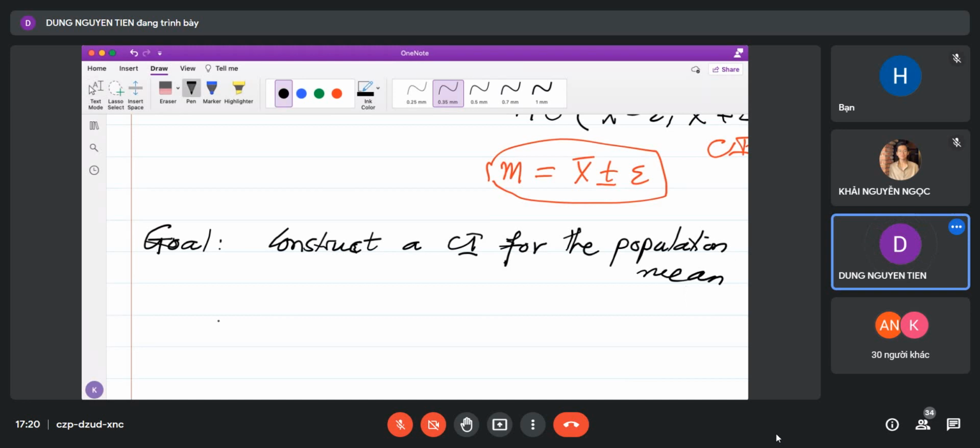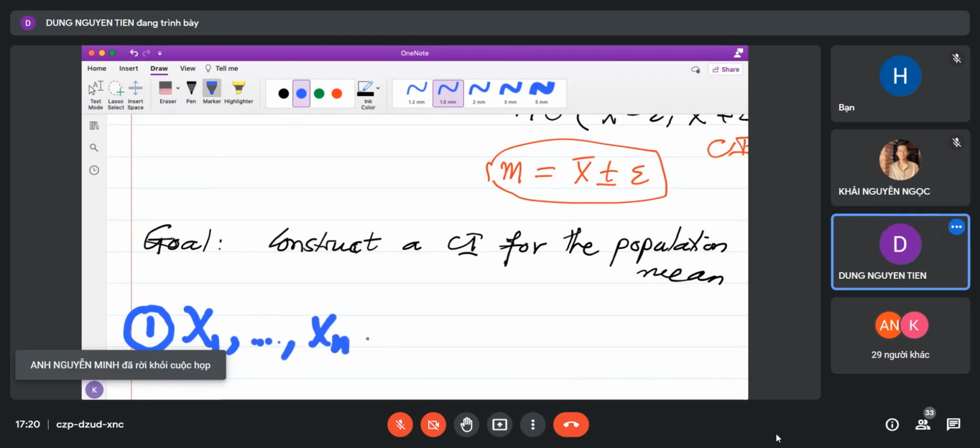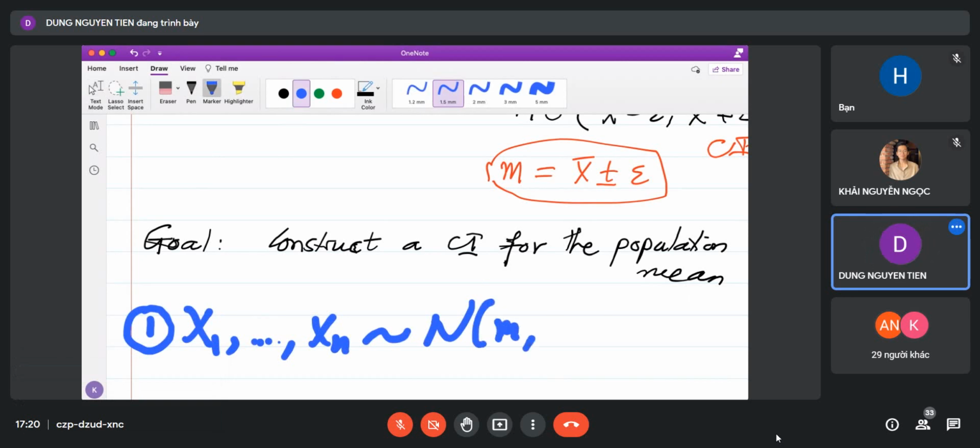There are several cases here. The first case is that x1, ..., xn follow a normal distribution with the same mean and the same variance.